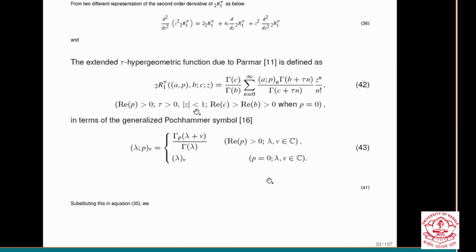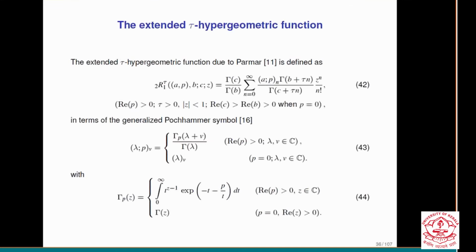So here we use this due to the Fermat result. This is equation number 42, and here we use this Pochhammer symbol as we were discussing at the time of starting with the topic. This is a new Pochhammer symbol, and this is extended gamma function. This is equation number 44.